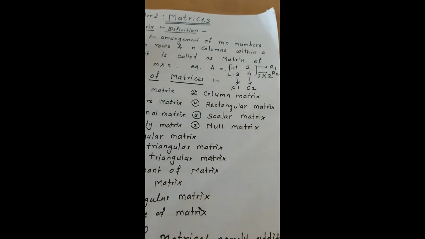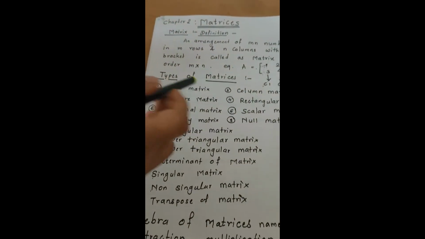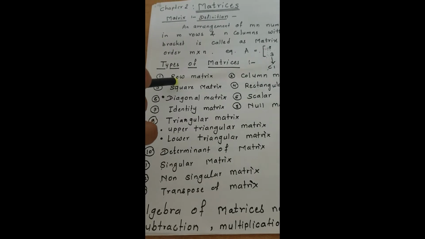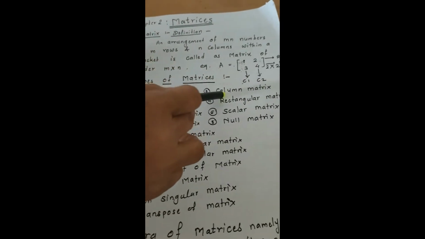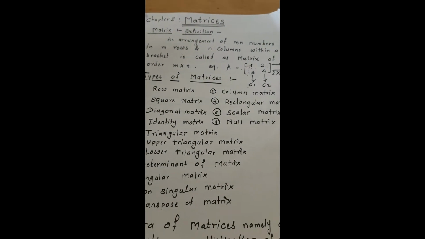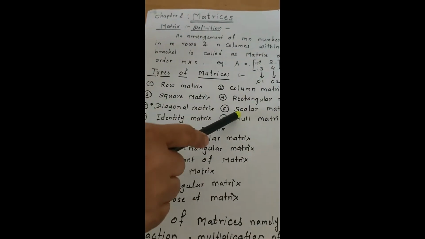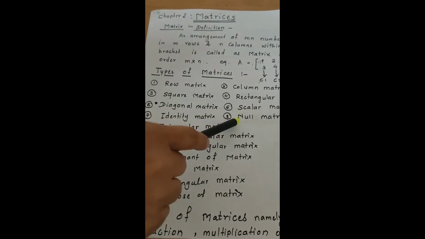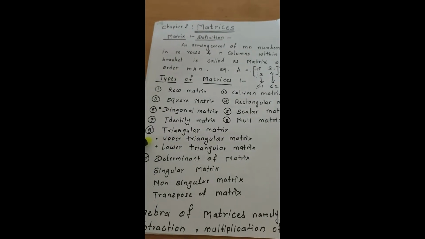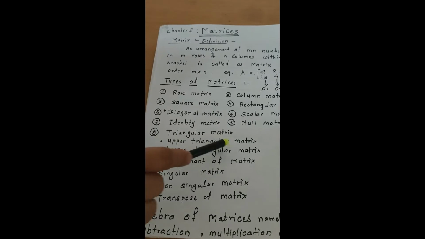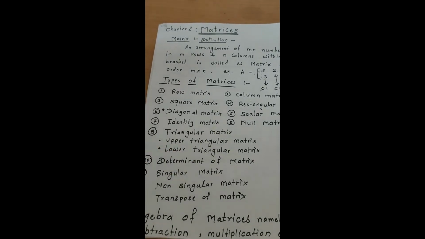There are several types of matrices, in which the first type is row matrix, the second type is column matrix, then square matrix, rectangular matrix, diagonal matrix, scalar matrix, identity matrix, null matrix, and triangular matrix, in which there are 2 types, upper triangular matrix and lower triangular matrix.